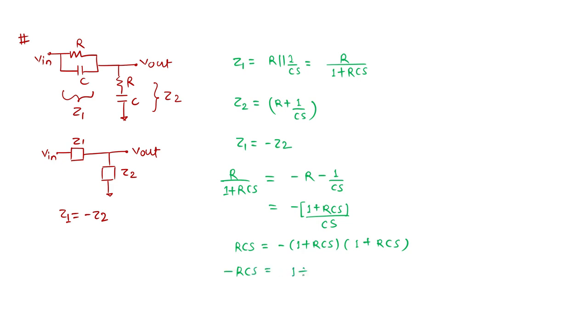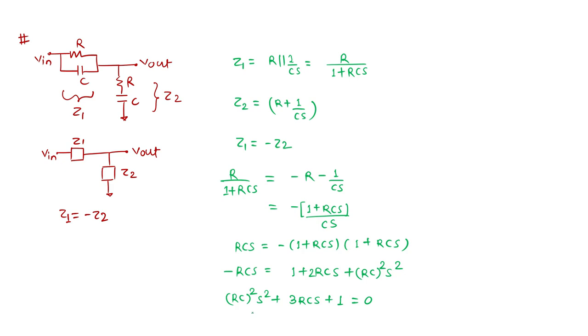So 1 plus RCS plus RCS is 2 RCS plus RC square S square. So from here what we'll get exactly: RC square S square plus 3 RCS plus 1 equal to 0.